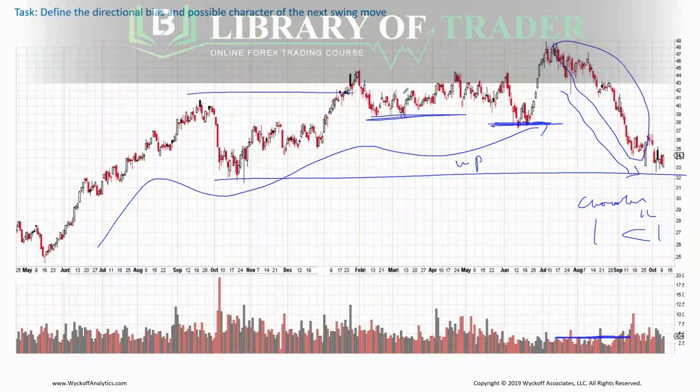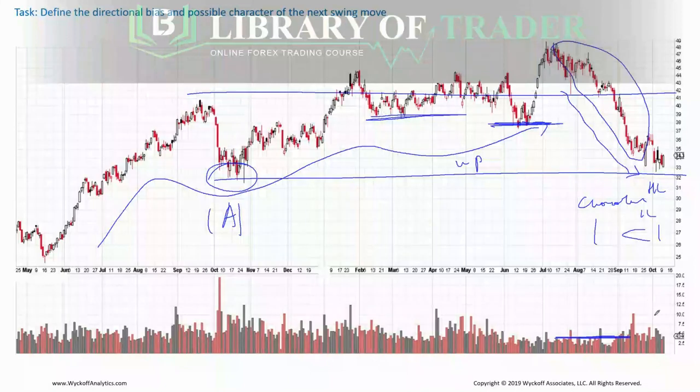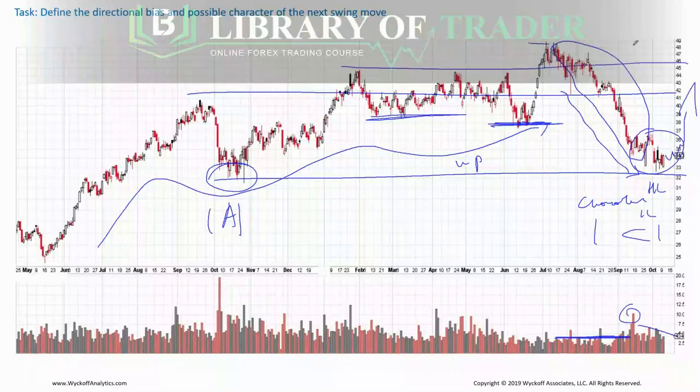And the fact that it was not able to overcome a potential phase A low and became a higher low in this larger structure suggests that it could be an attempt to stop at this point, create some kind of range, and then resume its attempt to retest the previous highs.